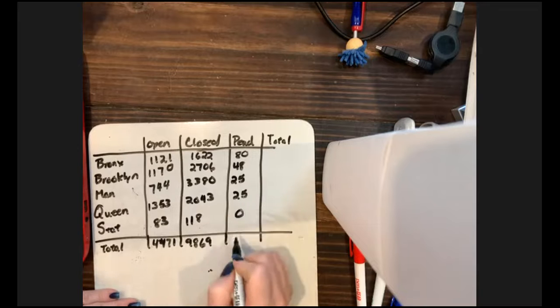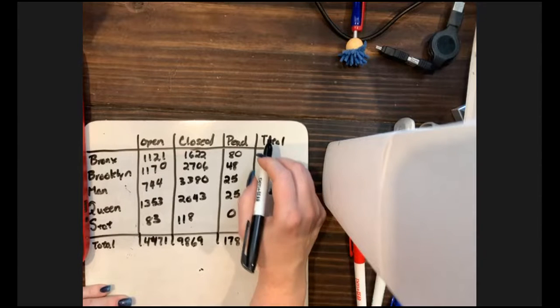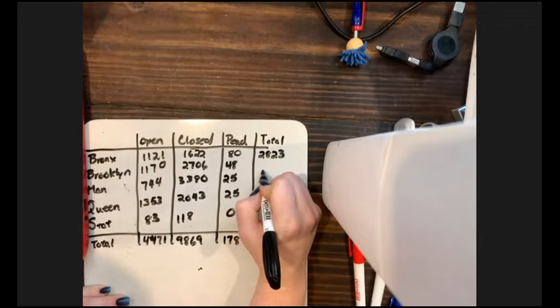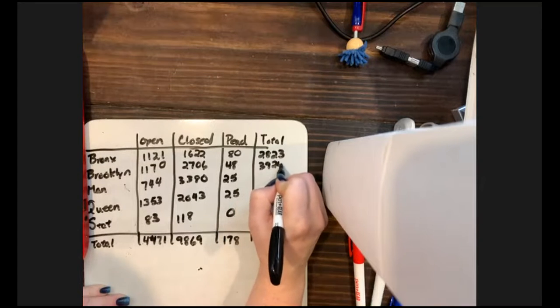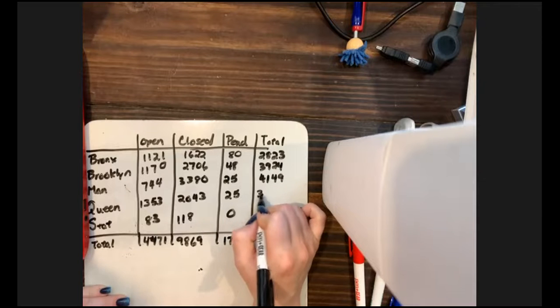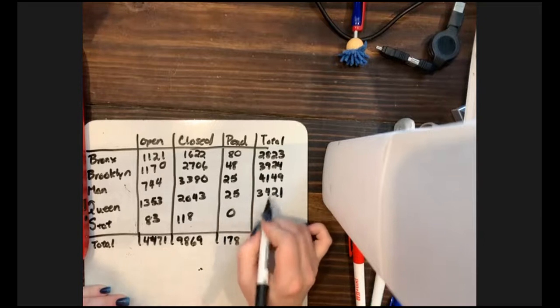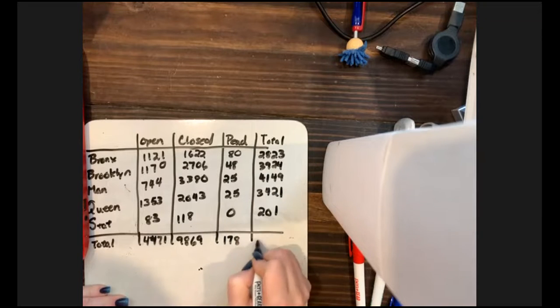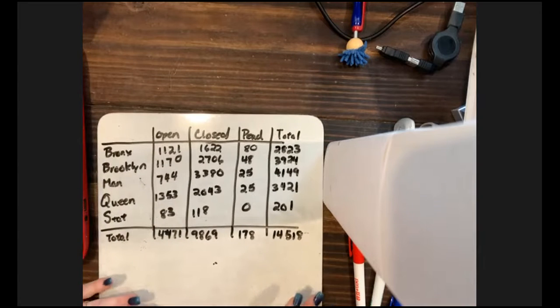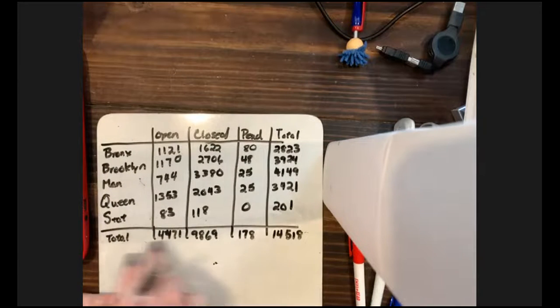We have open cases, closed cases, and then pending cases. So this is our lovely table. They do go ahead and give us our totals out on the sides and the bottom edges.